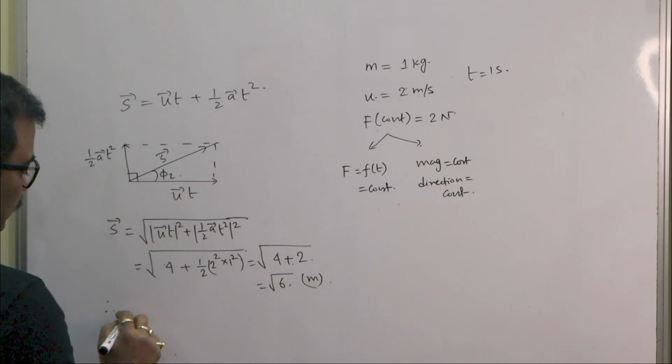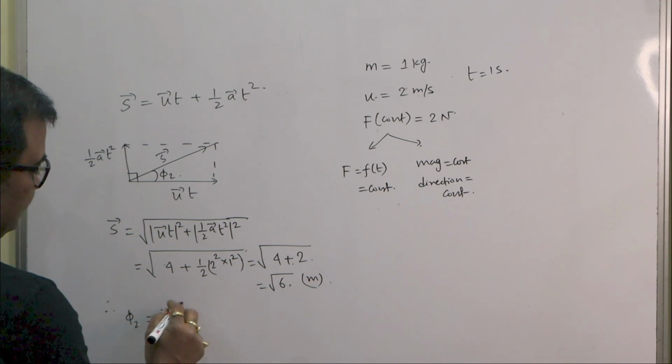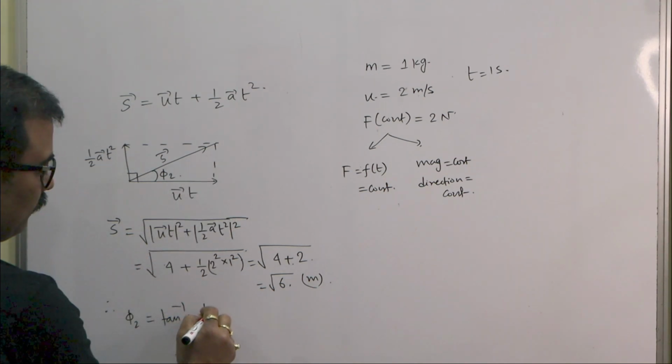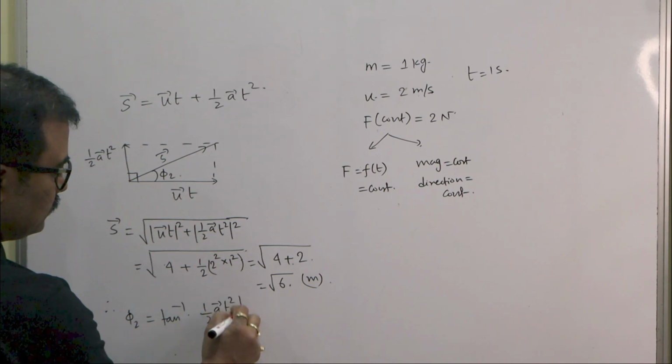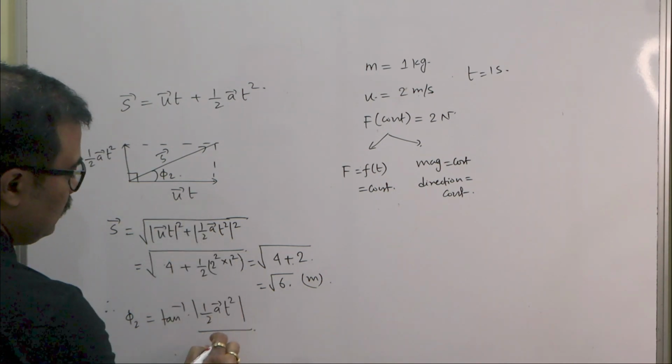And phi 2 is tan inverse of half at square mod by ut.